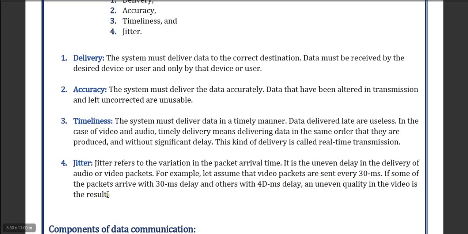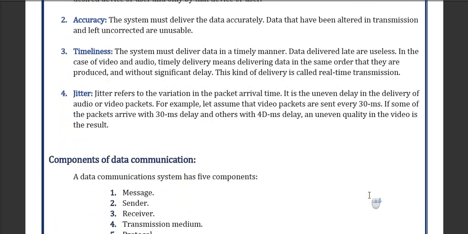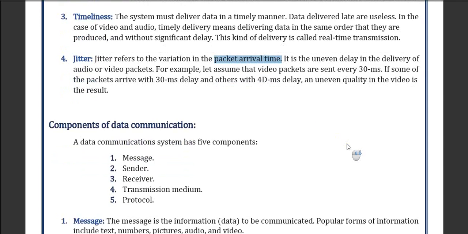If some of those packets arrive with a 30 millisecond delay and others with a 40 millisecond delay, uneven quality in the video is the result. That means jitter is also related to the time factor, which deals with packet arrival time.